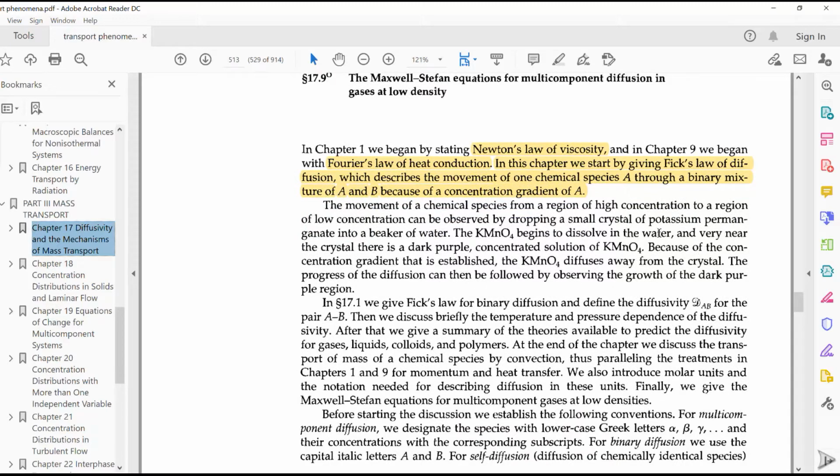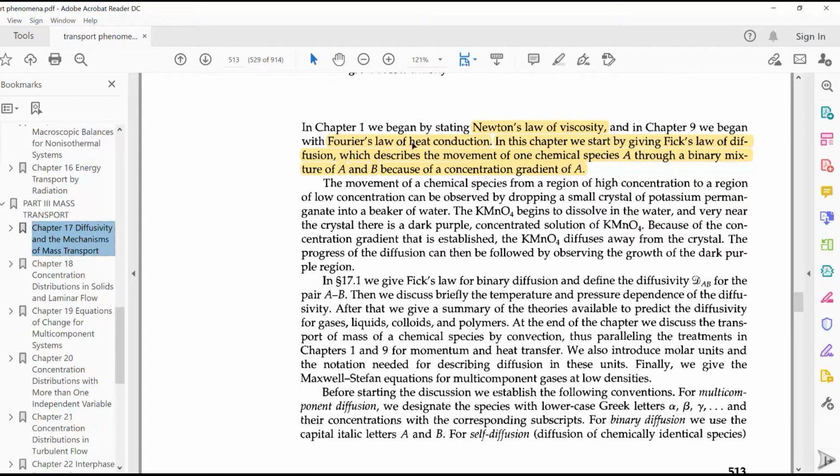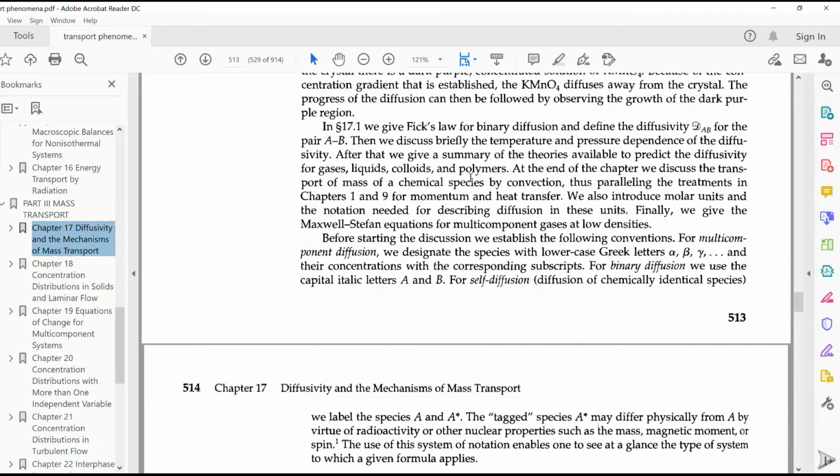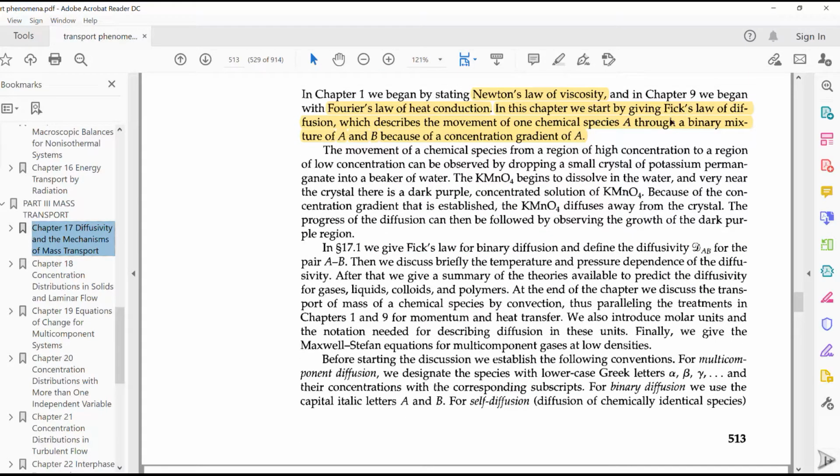As we said before, starting with Newton's law of viscosity and Fourier's law of conduction, here we will define Fick's law of diffusion. This describes the movement of the chemical species A through the binary mixture of A and B. Think about having a mixture that contains two different species, which we call A and B. Inside this control volume, how does one species, for example A, move through the other species B?